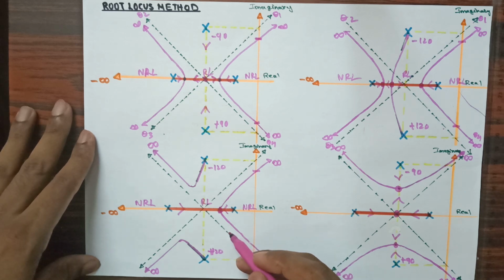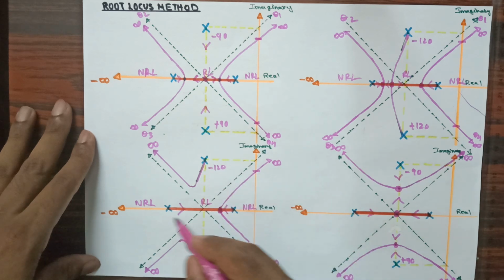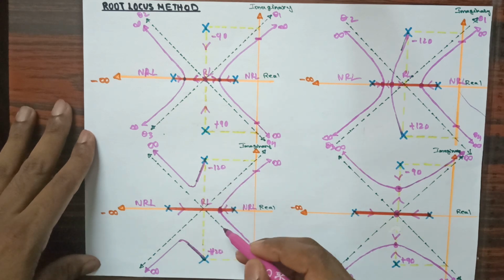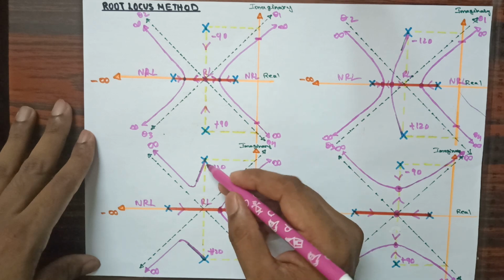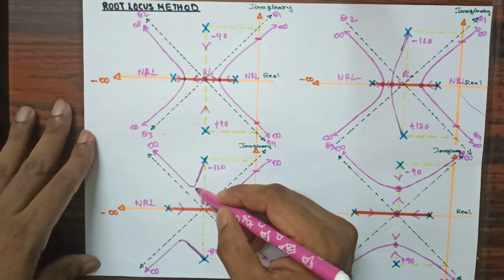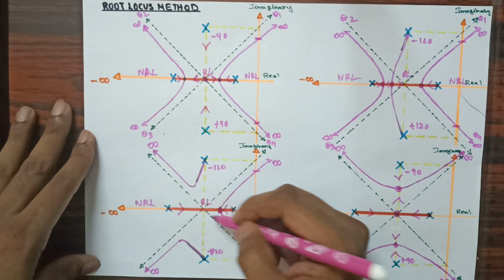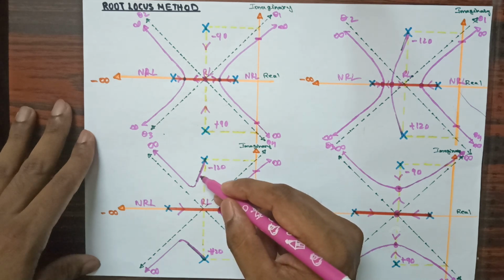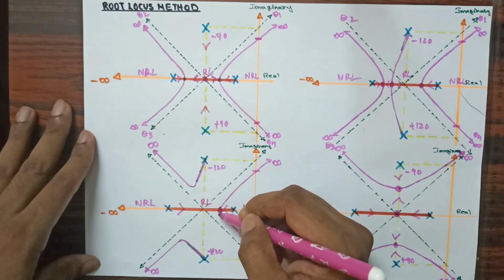Now in this example I have considered only one breakaway point. You can see here only one breakaway point. I have not provided a breakaway point to meet these poles on the x-axis. So when the pole comes out with a minus 120 degree, I am not having any breakaway point to meet these two poles on the x-axis.